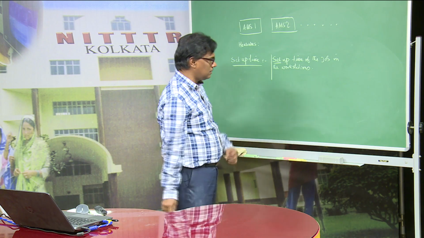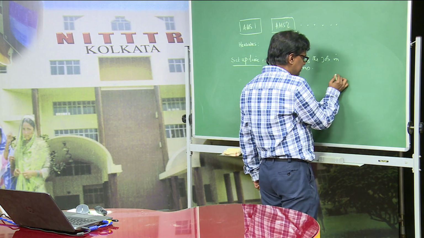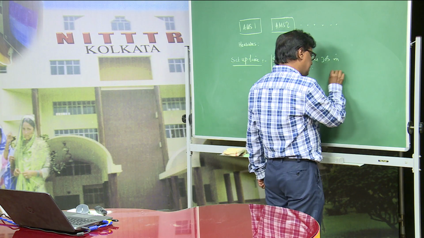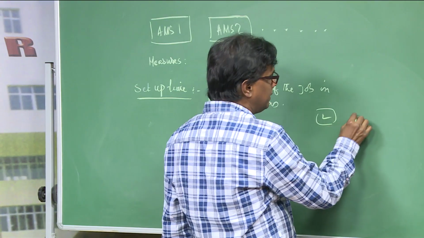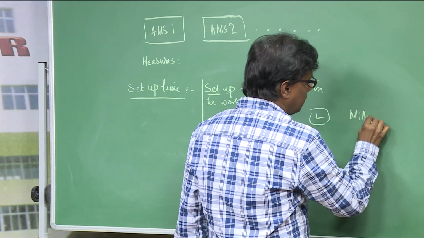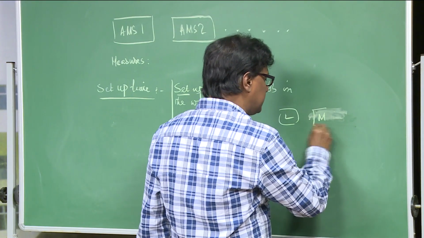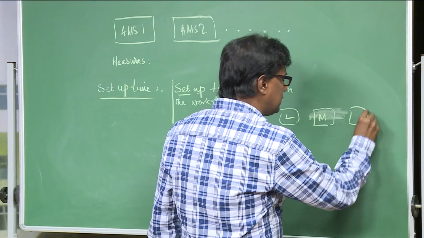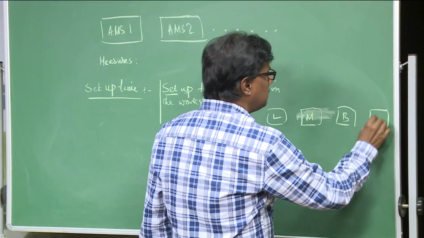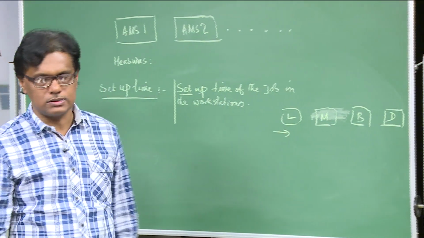For example, I want to produce a product which needs to be operated in a lathe machine, then in a milling machine, then a boring machine, and then a drilling machine. So, my job goes in these directions.